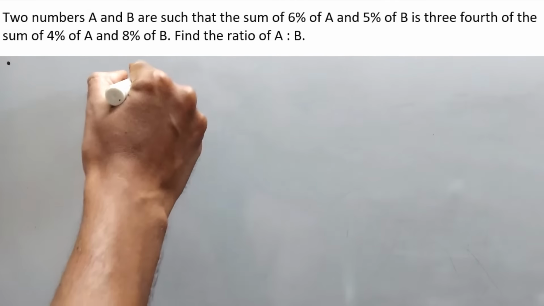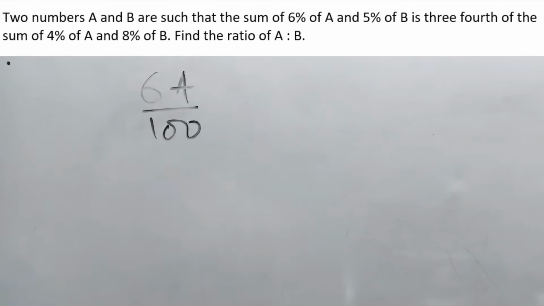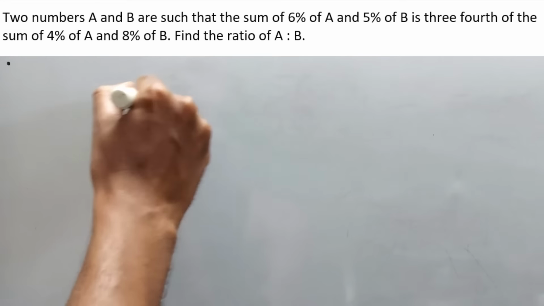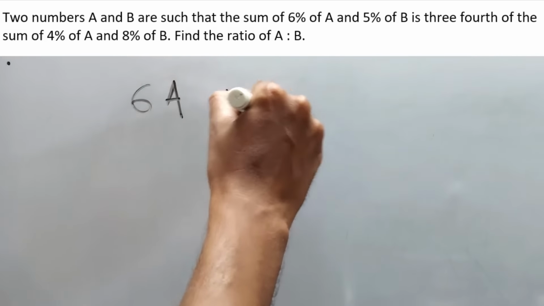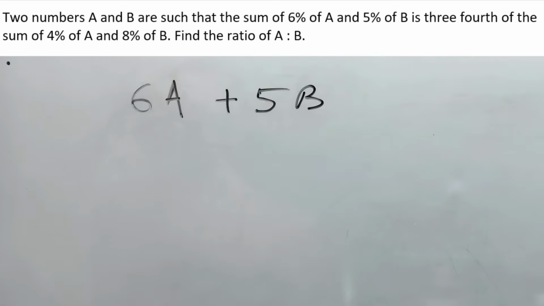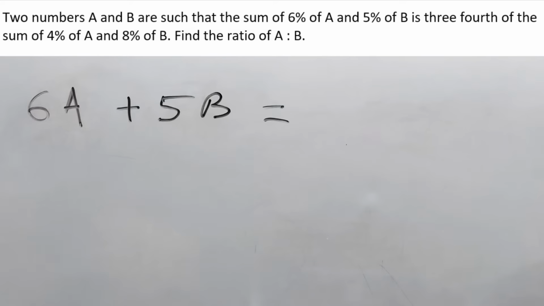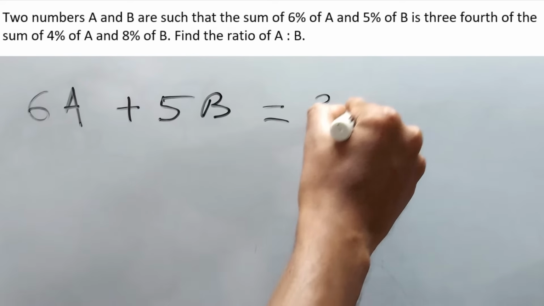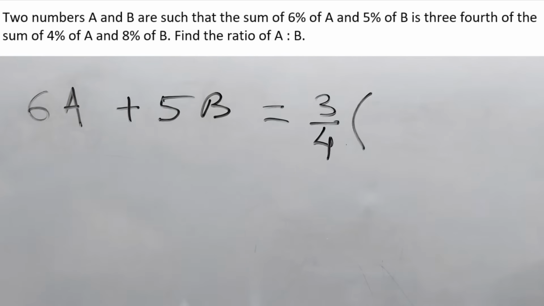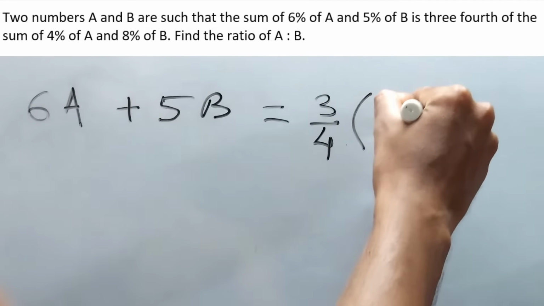Sum of 6% of a. What is 6% of a? 6 by 100, right? But for both the cases, for everything, we're just removing this 100. Okay, the easier way is 6% of a is 6a, and then 5% of b, that means plus 5b, simple, is equal to 3/4 of, now 3/4 of means 3 by 4, of 4% of A, again 4% of A means 4A.